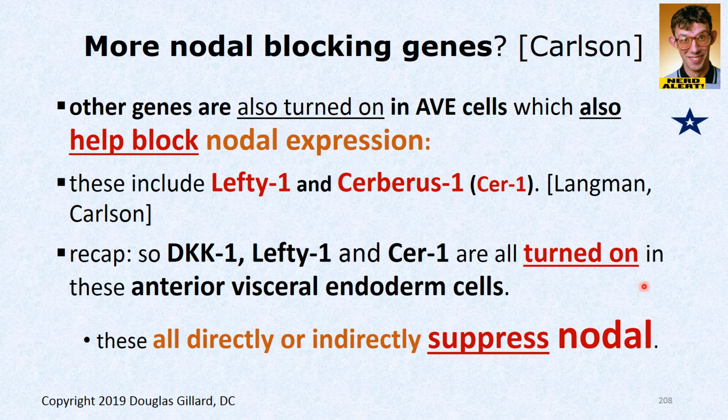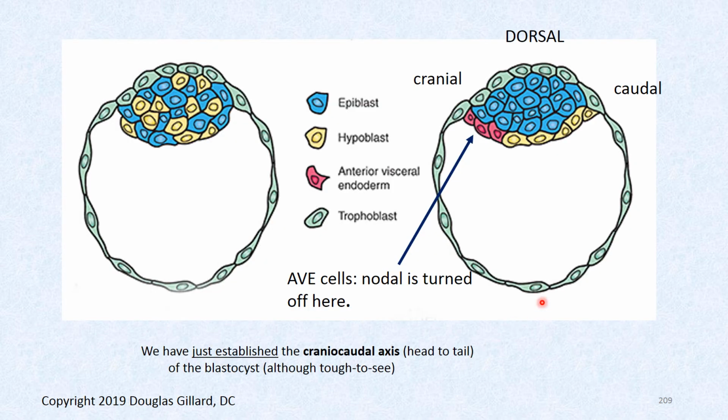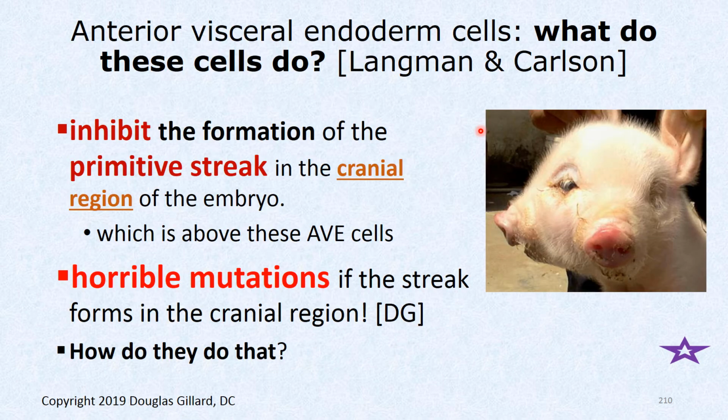Okay, so they're all on in cells that are going to become the anterior visceral endoderm cells, right? And they all directly or indirectly suppress nodal. We good? All right, now we made it back to this picture, and yeah, so DDK1, all the nodal gang, Lefty, Cerebrus, they're all turned on here, nowhere else.